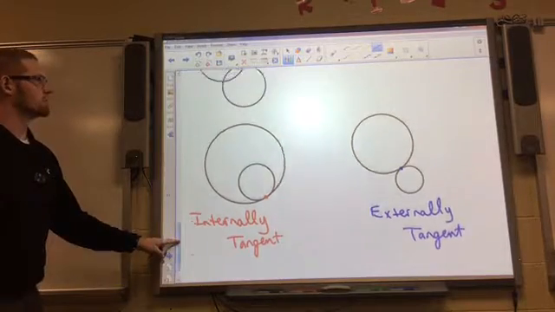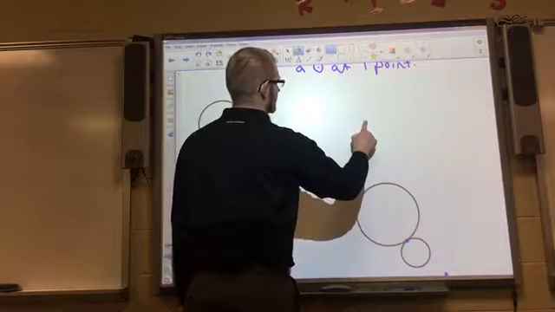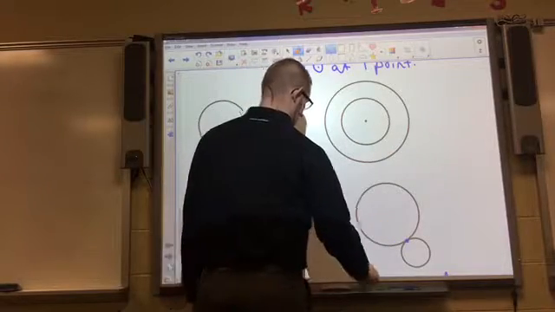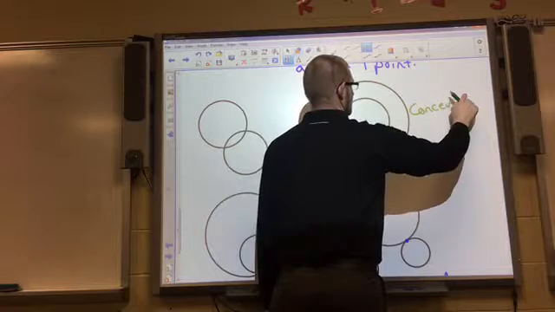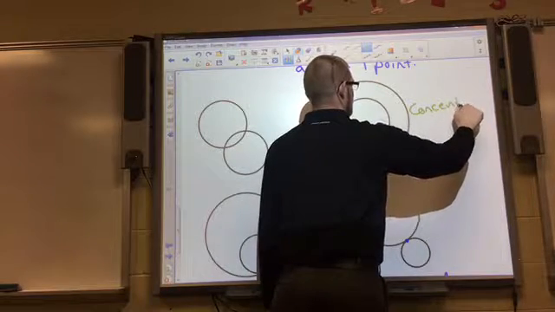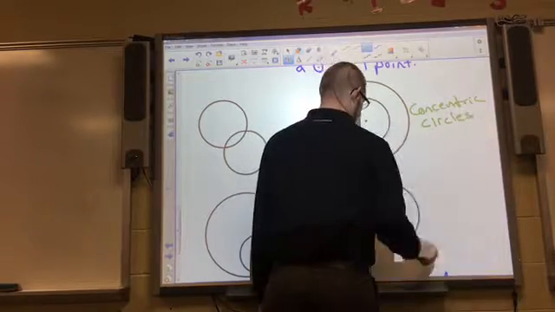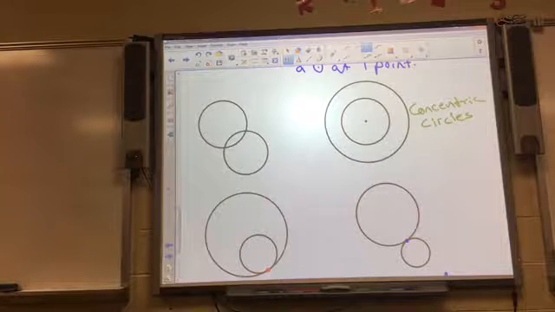Now I'm actually going to scroll back up to right here and put one in here. These are actually called concentric circles. What do you suppose concentric means then? Close.